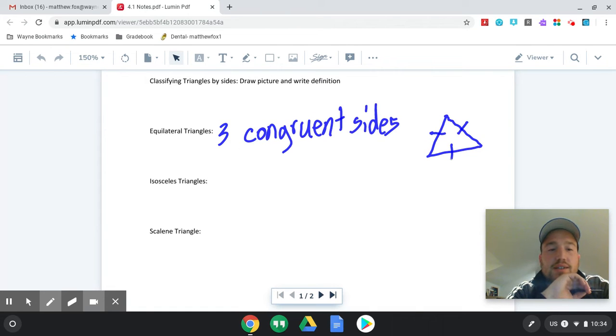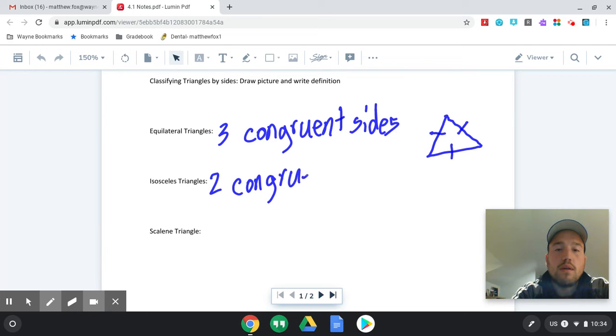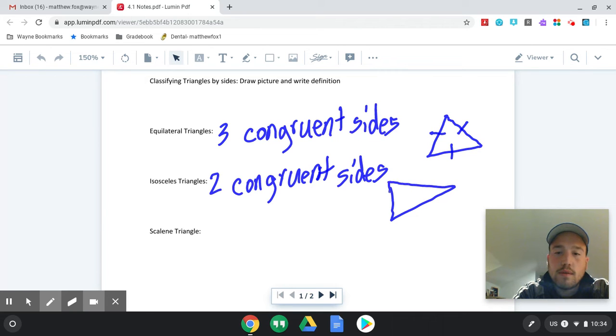Now, isosceles triangle. Some of you probably already know this, but instead of three congruent sides, this is when there are only two congruent sides. And an example of this, let me redraw that.